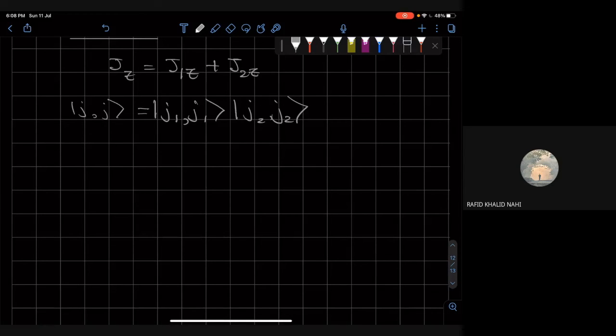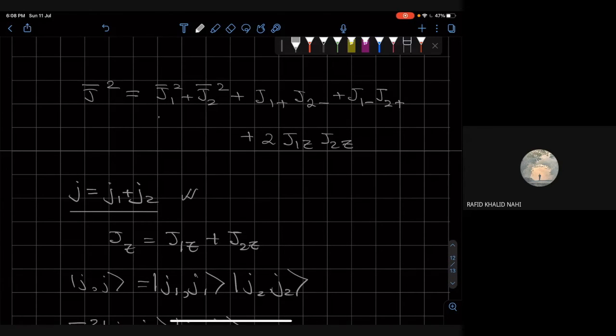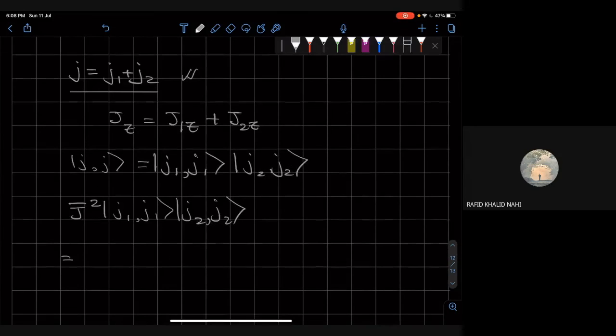So let's apply J squared to J1 times J2. But we just figured out what J squared was. J squared has J1 squared, J2 squared. So that's going to give me J1 times J1 plus 1 plus J2 times J2 plus 1.